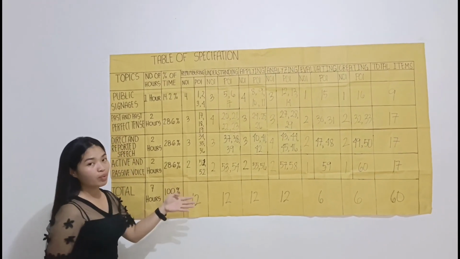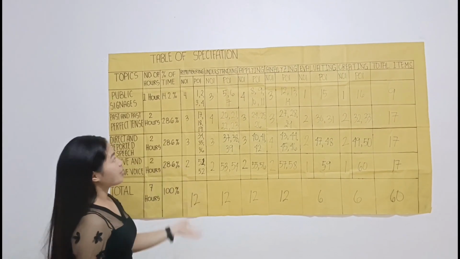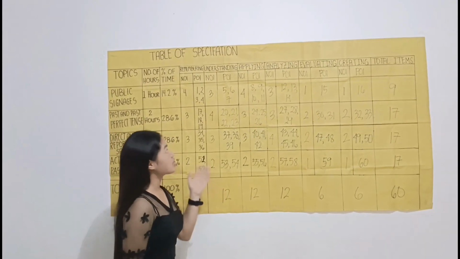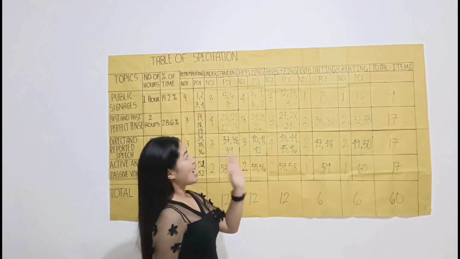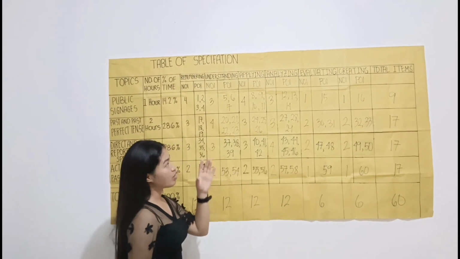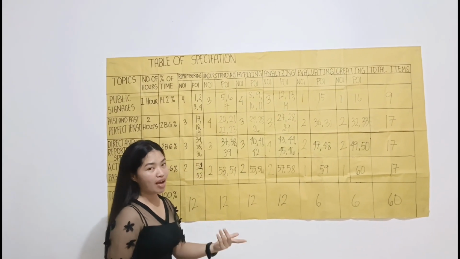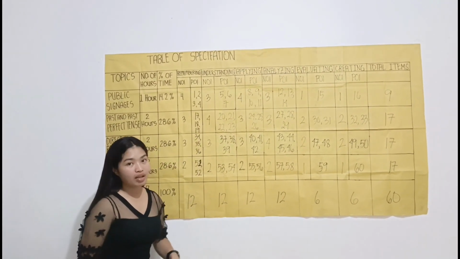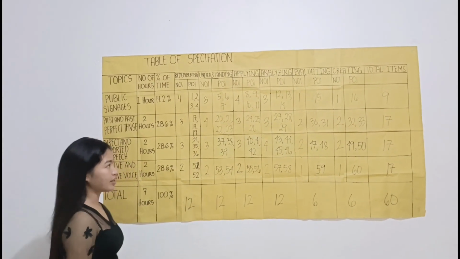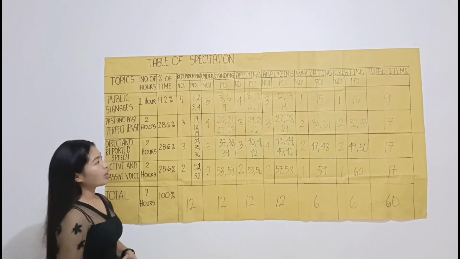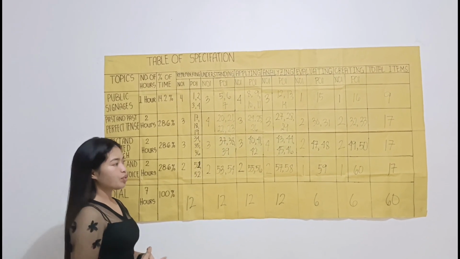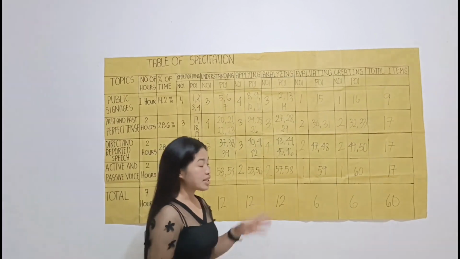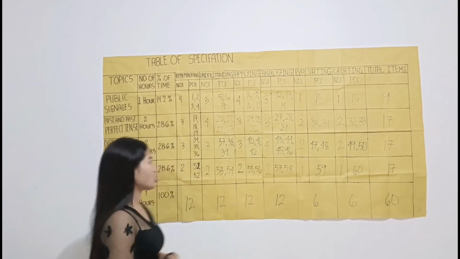For remembering, we'll have 20%, understanding 20%, applying 20%, analyzing 20%, and evaluating and creating will have 10% each, which will be the total of 100%. And for our total of items, we will have 60 items in this examination.